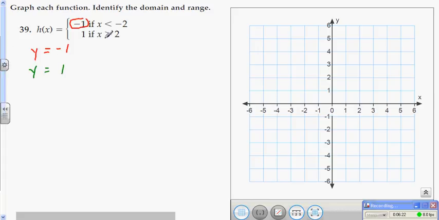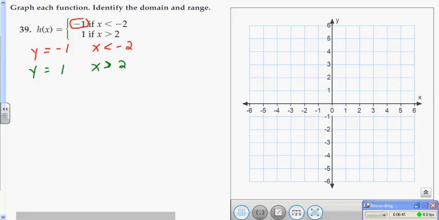Y is equal to -1 when we're talking about x less than -2, and it's equal to 1 when we're talking about x values greater than 2.